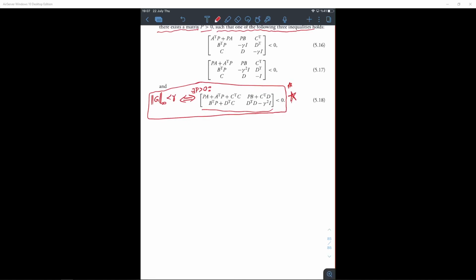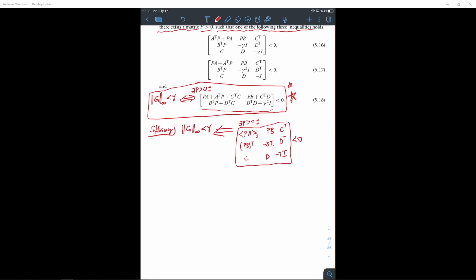And let's focus on the sufficiency, meaning there exists P positive such that the symmetric of PA, PB, C transpose, PB transpose, minus gamma identity, D transpose, C, D, and minus gamma identity is less than 0.